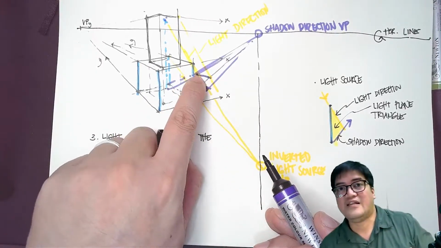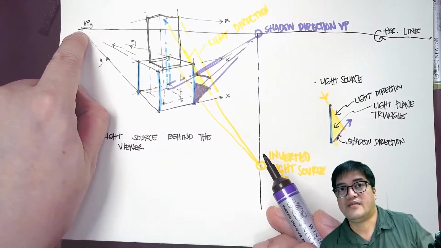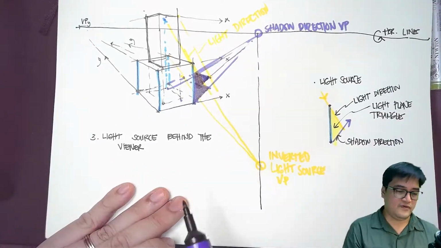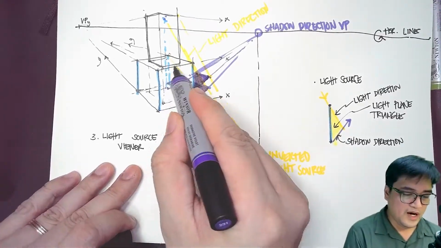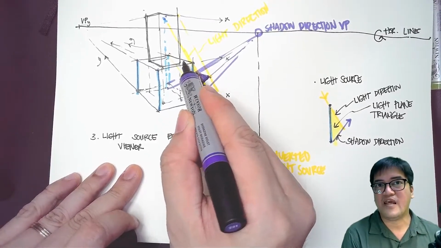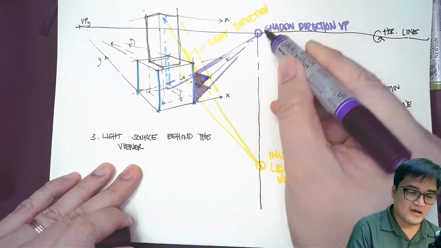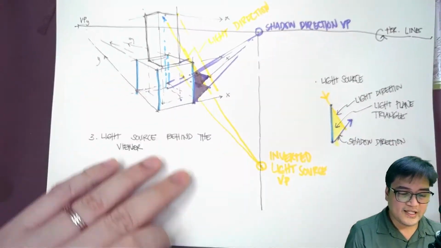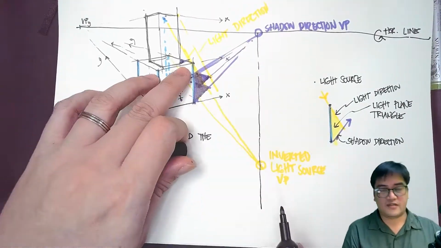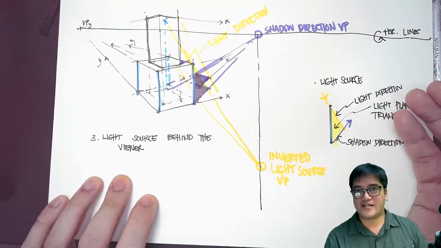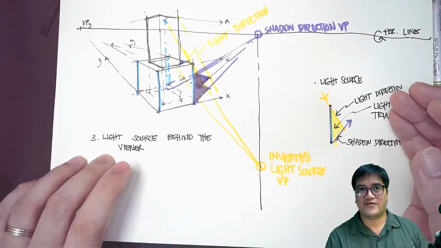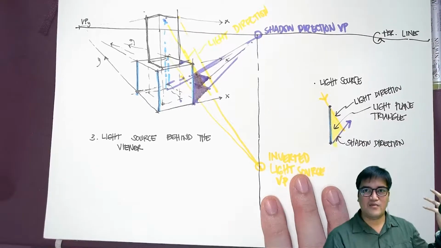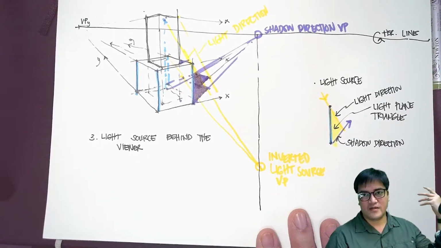And of course, that line follows the vanishing point. That results in this shadow cast for that top volume. And what about the shadow cast from here? Again, follow the shadow direction vanishing point, originate from there, draw that line, and that results in that. So this ends the lecture for this type of shadow casting, which is if the light is coming from behind the viewer's side.